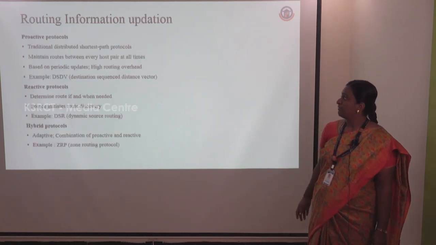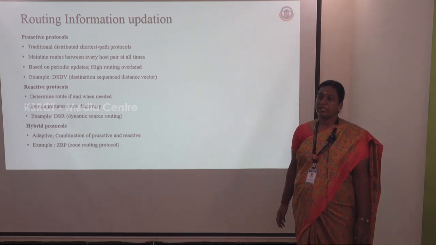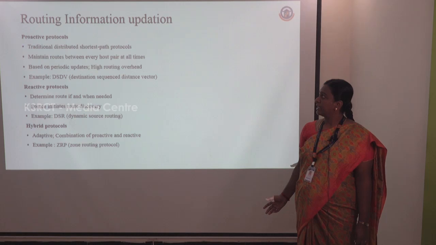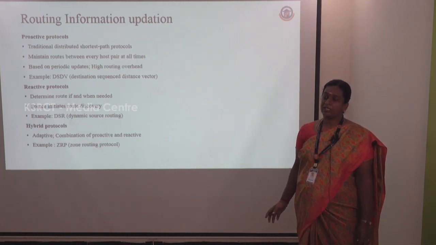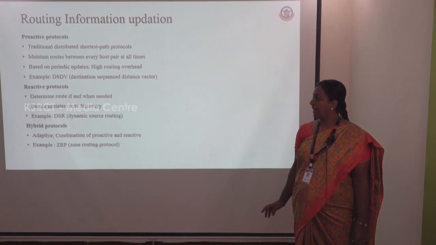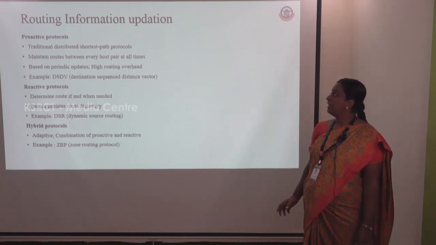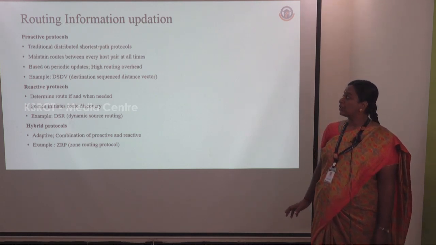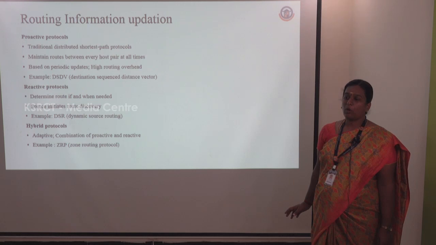In the route information updation mechanism, the technique is classified into three classes: proactive protocol, reactive protocol and hybrid protocol. The proactive protocol is a traditional distributed shortest path protocol. It maintains routes between every host pair at all times.